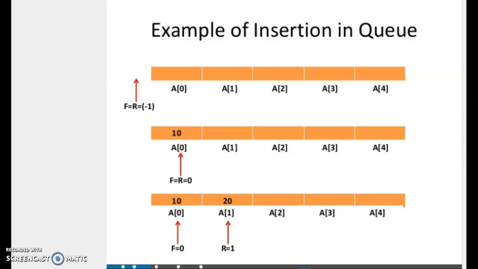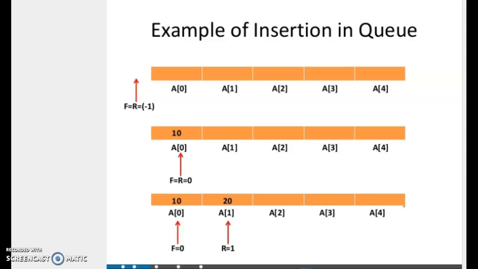Here there is one example of insertion in a queue. How is data inserted? As I told you, initially F and R are both at -1. Whenever you insert any element, your front and rear will be 0. Okay?